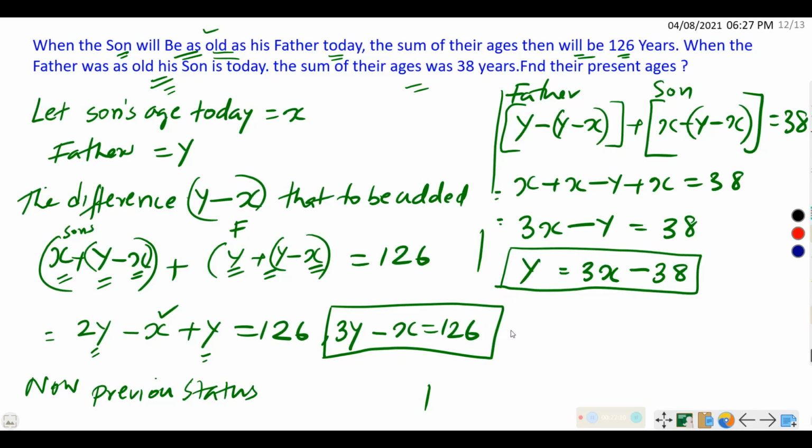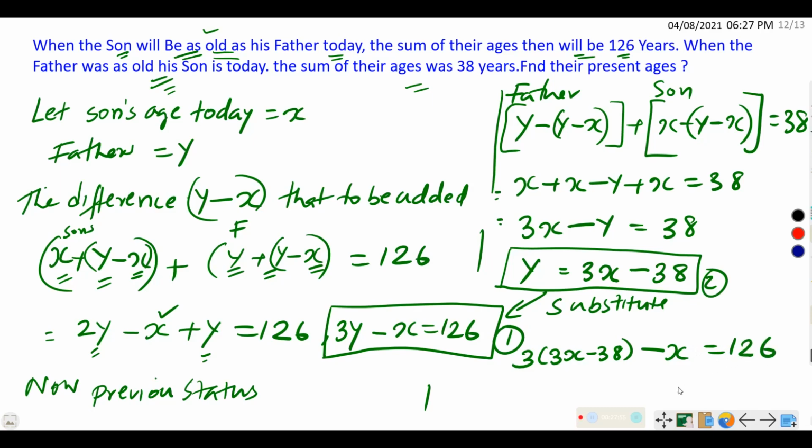and we will substitute y, second equation, in the first one. That means y is equal to 3x minus 38. We will substitute in the first equation. That means we will write 3 into y की जगह पे 3x minus 38, minus x is equal to 126.